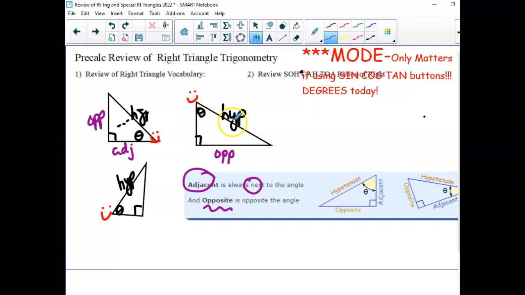Now remember, I already identified the hypotenuse right away, so this is the adjacent leg. And the third triangle down here, if I am standing in the bottom corner here, the one that is at the bottom is adjacent, and across from me over here would be opposite. Is everybody okay with that vocabulary now?